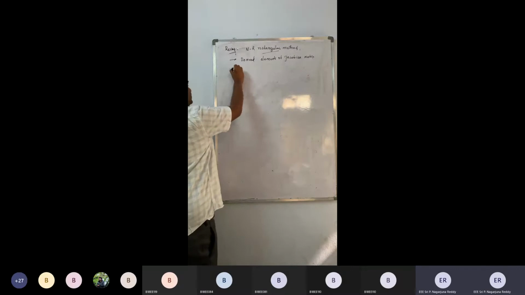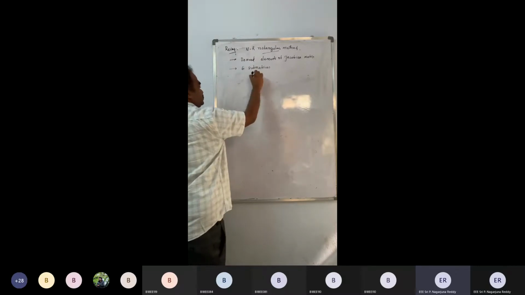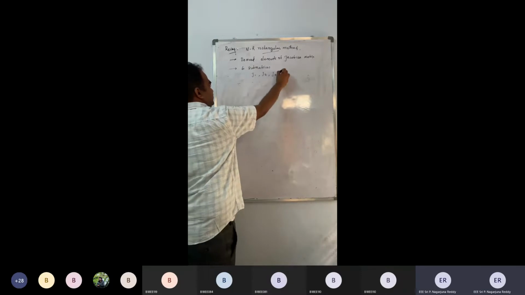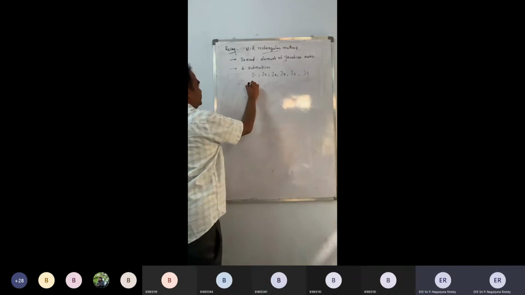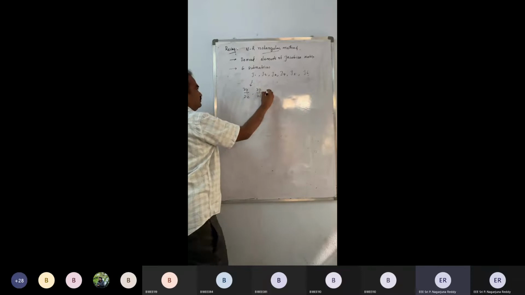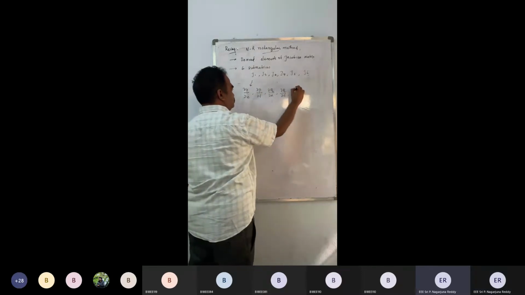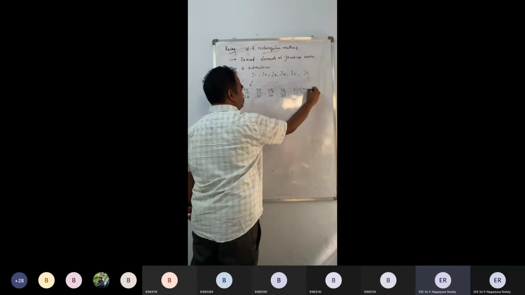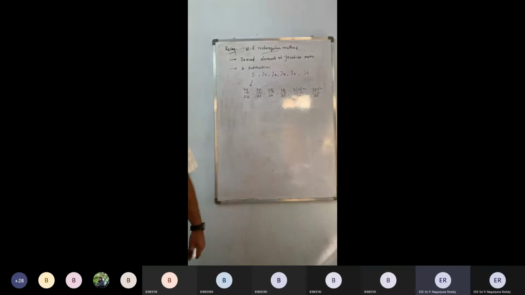There are 6 submatrices: J1, J2, J3, J4, J5, J6, which take the order of these. These are the submatrices which we have discussed in our last class.